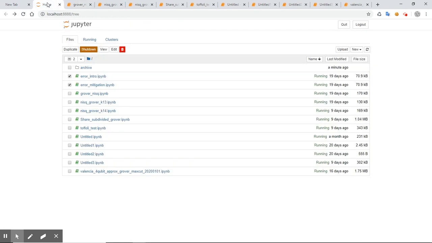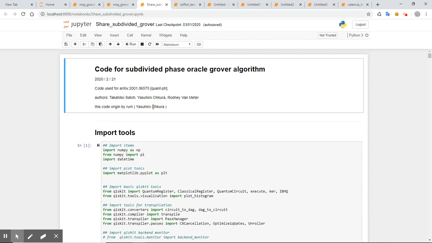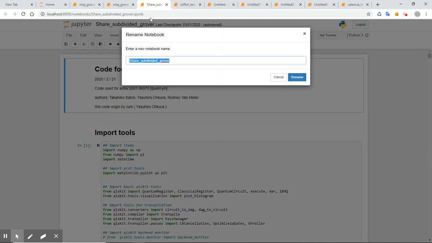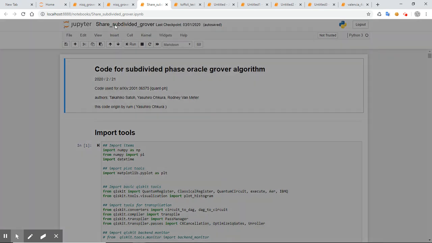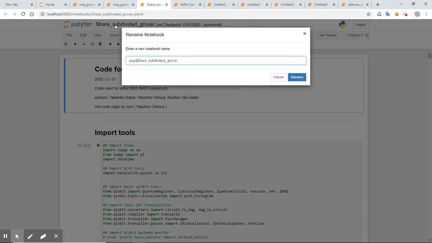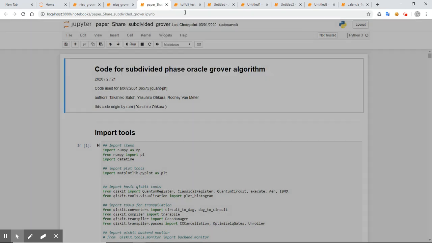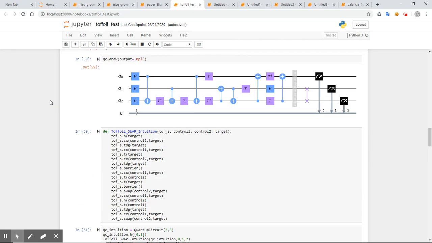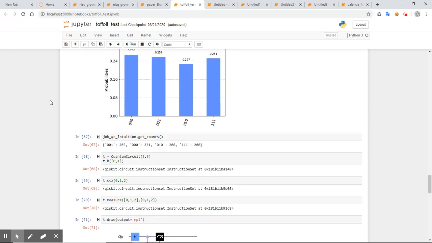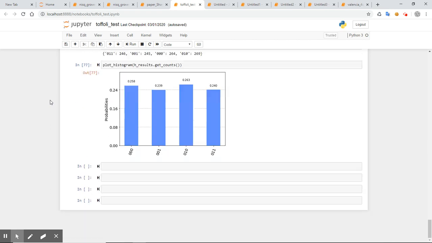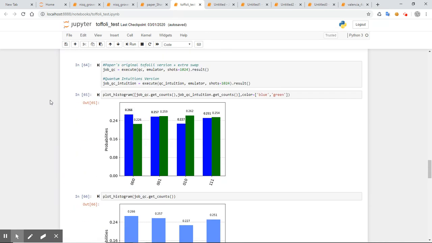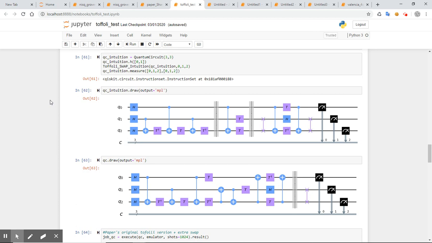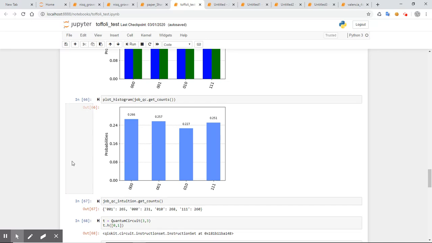So I'll actually move these as well. And okay, I'll rename these. This is paper, so I'll add this in here, so I know it's from the paper. These Toffoli tests. Okay, this is why I was doing the comparison of the Toffoli last time, and ended up with, okay, that's cool. Meaning that both implementations work, which is good.